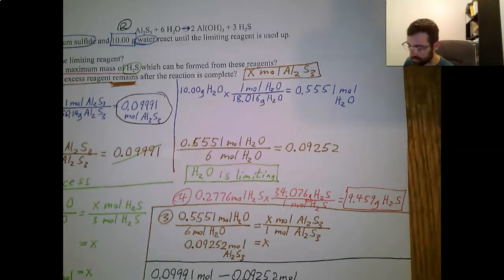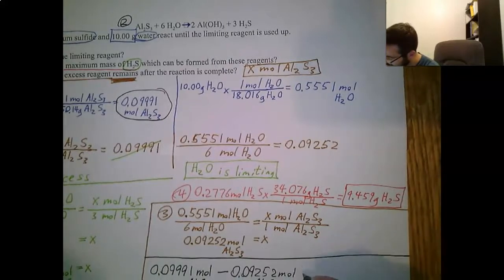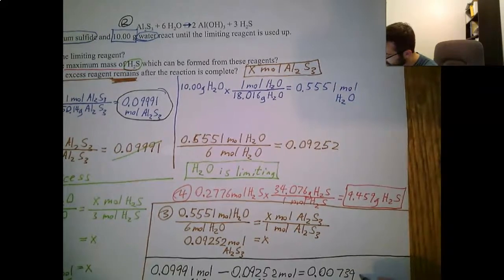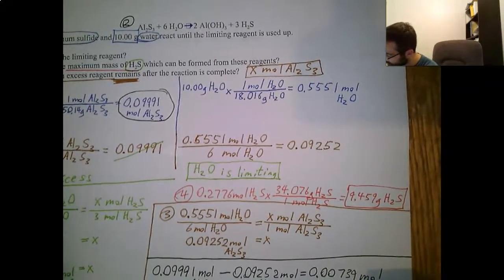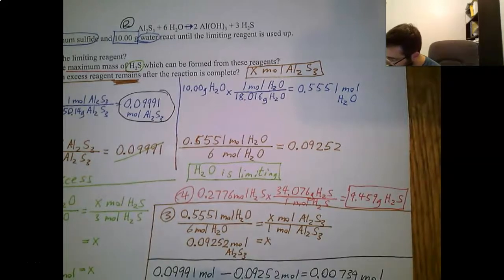Do that in the calculator, you get 0.00739 moles of Al2S3. But what do these 3 different numbers represent? Well, the first one represented what was available.